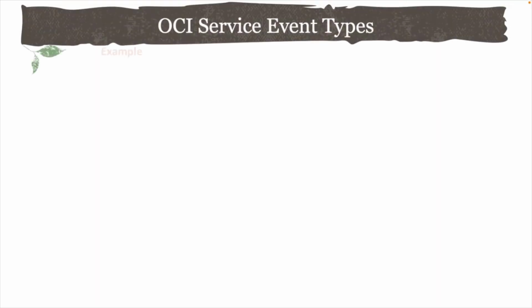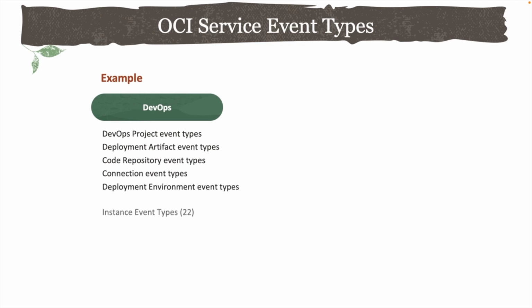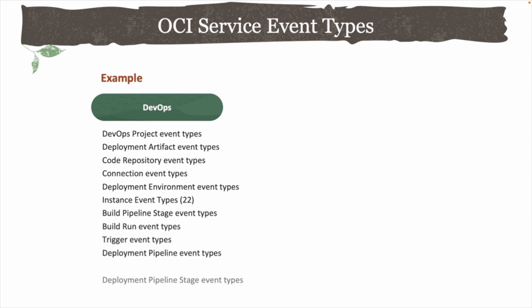Let's look into some of the event types of the DevOps service. Event messages use a combination of an event type and a data payload from the resource to identify state changes. So essentially, event types are organized by the service and by the resource type. There are several event types in the DevOps service, for the resources that are part of it, like the DevOps project, deployment artifacts, code repositories, connections, the target environments, build pipeline and stages, build run, trigger, and finally deployments.